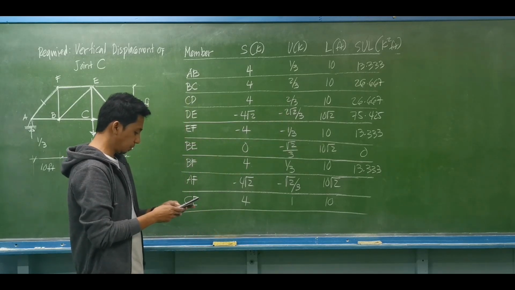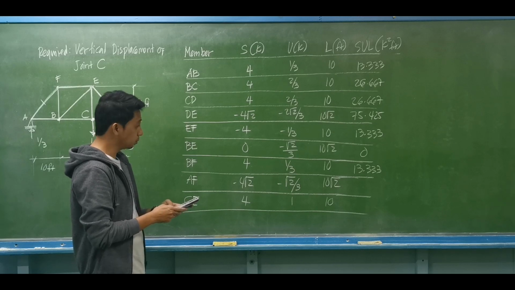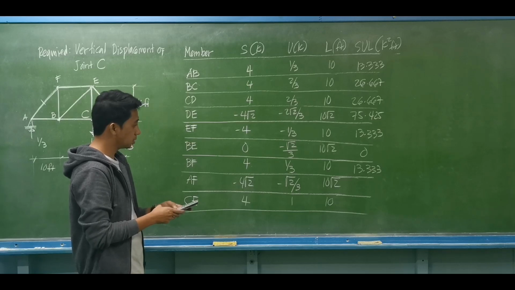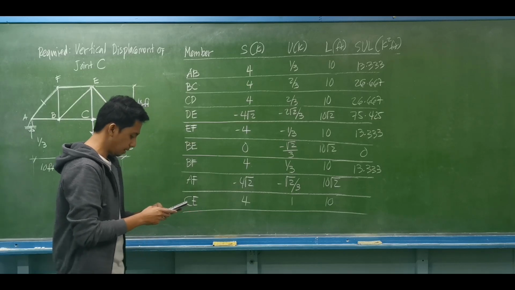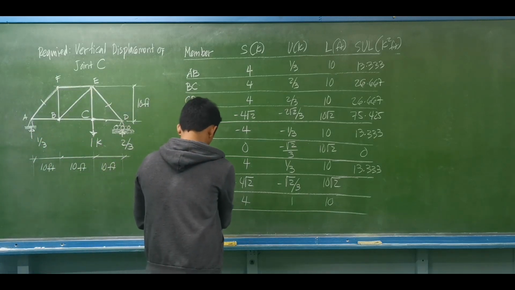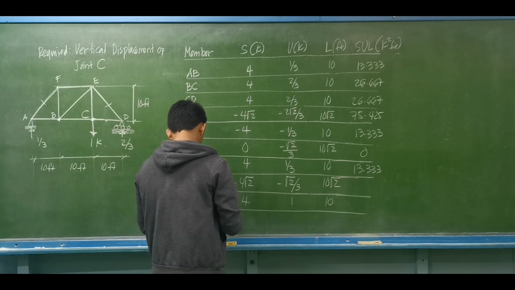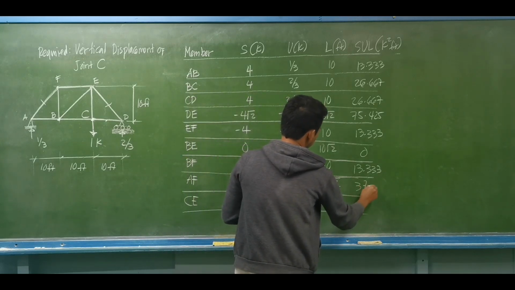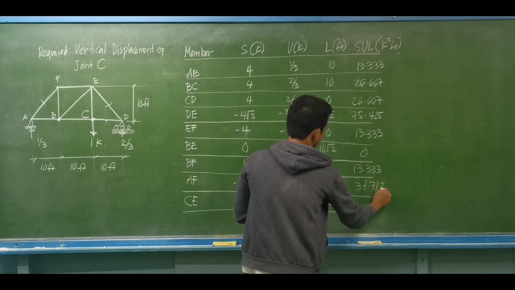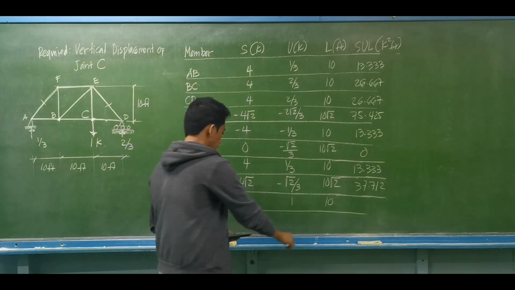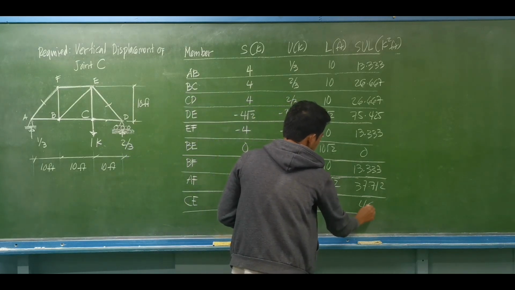So we have negative 4 square root of 2 times the negative square root of 2 over 3, and multiplied by the 10 square root of 2. So we have, this is 37.712. And then for the last member, obviously we have 40.